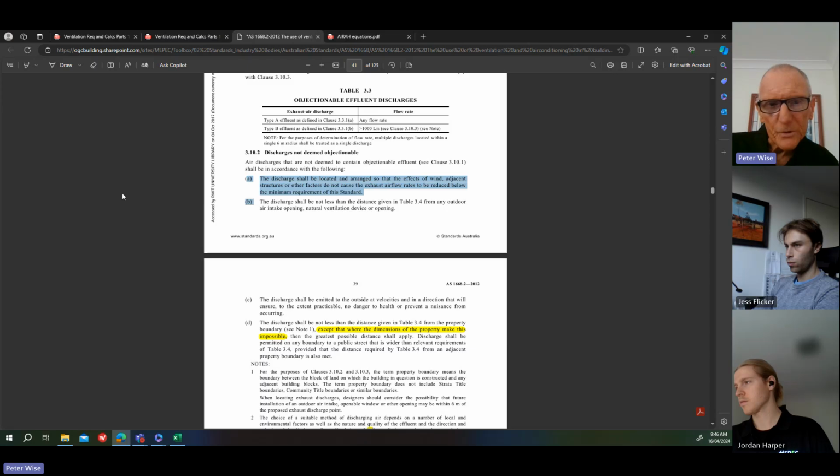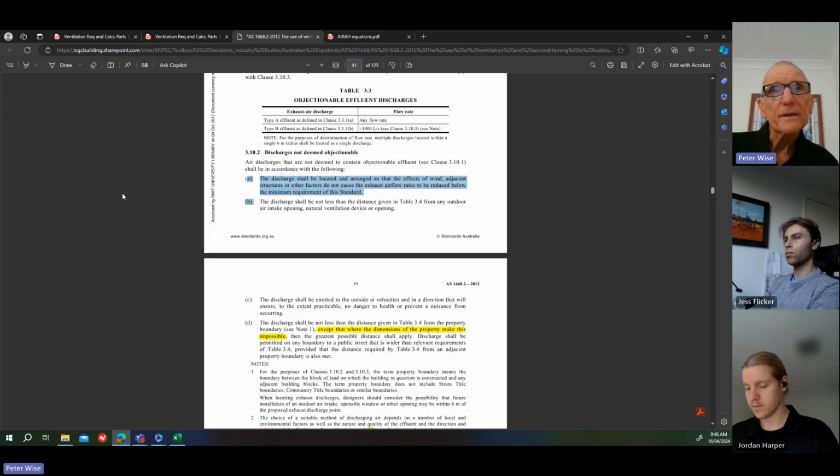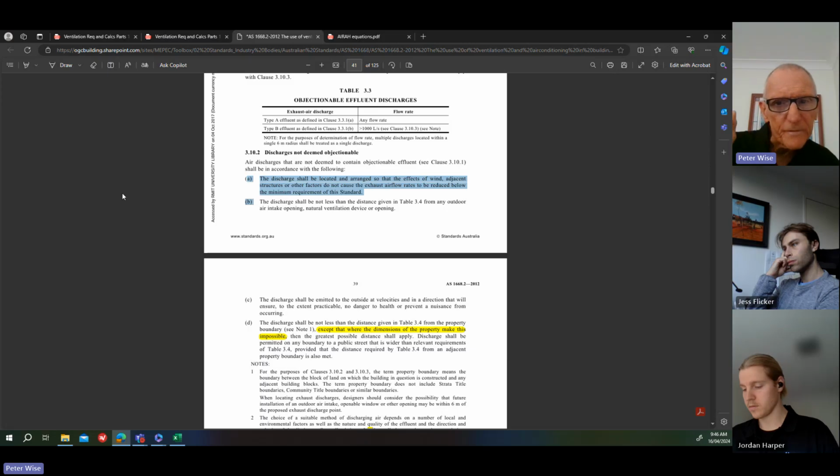I know you get winds from the north, but if the predominant wind direction is south and or north, then you're probably not going to face your exhaust in that direction, because if the wind's blowing, it's going to create a pressure, and the exhaust is going to struggle to actually discharge against that prevailing wind. So you'd face it the other way.